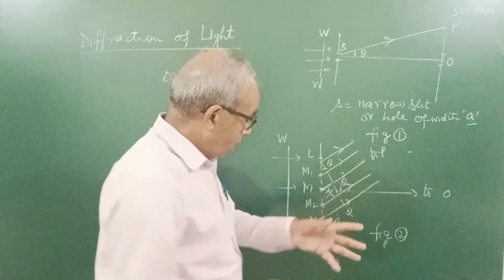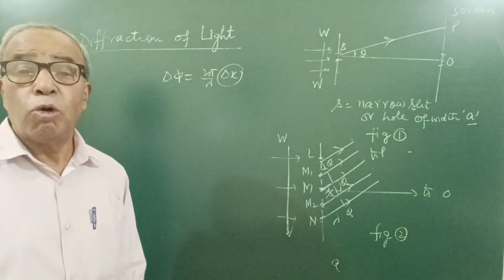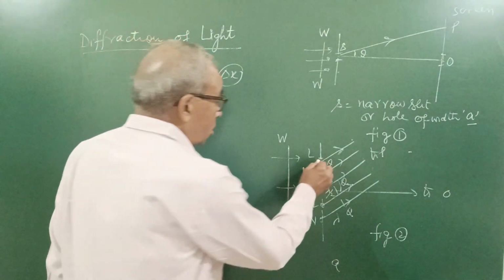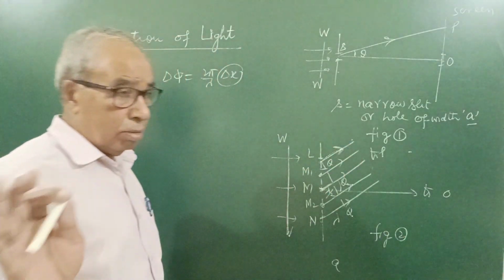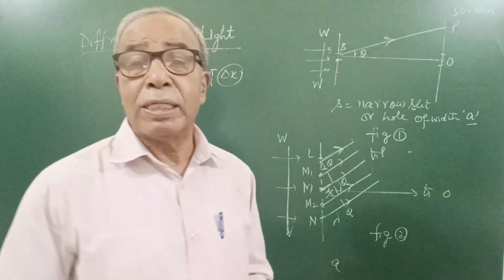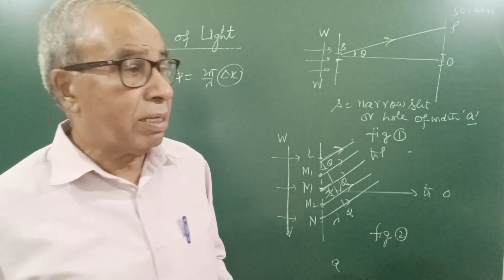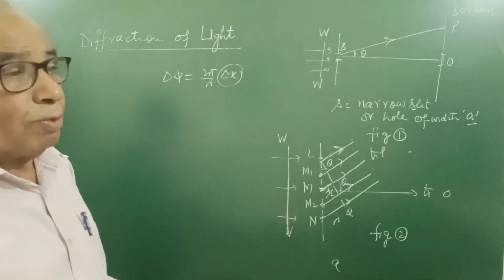Actually here, please note, the rays are shown parallel. I have told you the normals to the wavefront are called rays. So these are rays. Please listen to me carefully. Waves always travel in a straight line. The wave character is something different. I have told you many times, what is a wave?